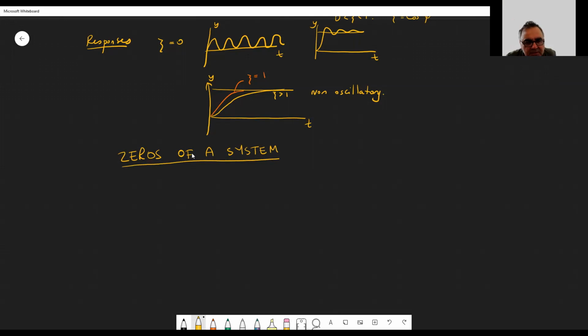Now remember that if you have a transfer function G of s, which is the numerator divided by the denominator, this could be factored as the poles, let's say, and then you could have zeros.